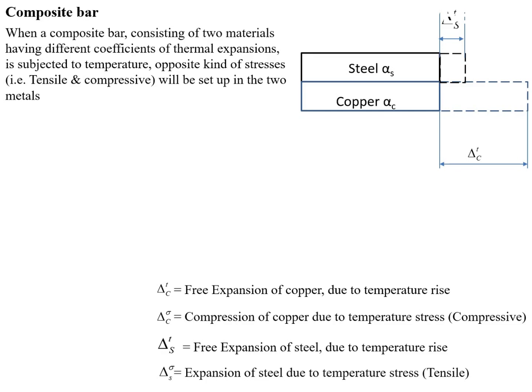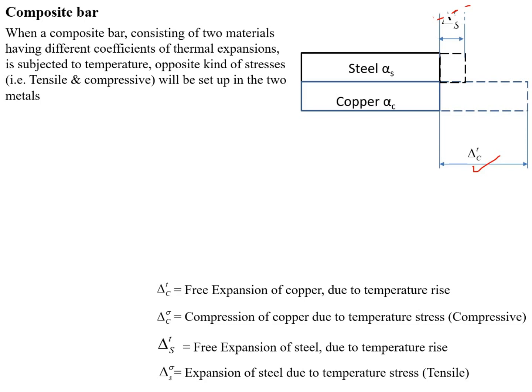So delta Ct is greater than delta St. What does delta Ct mean? Free expansion of the copper due to the temperature rise. And what is the meaning of delta St? Free expansion of the steel due to the temperature rise.